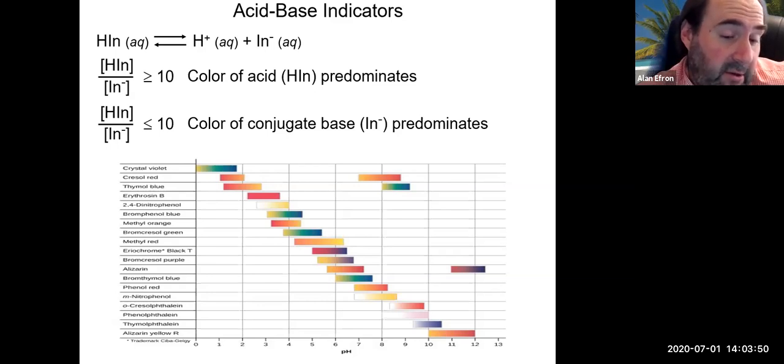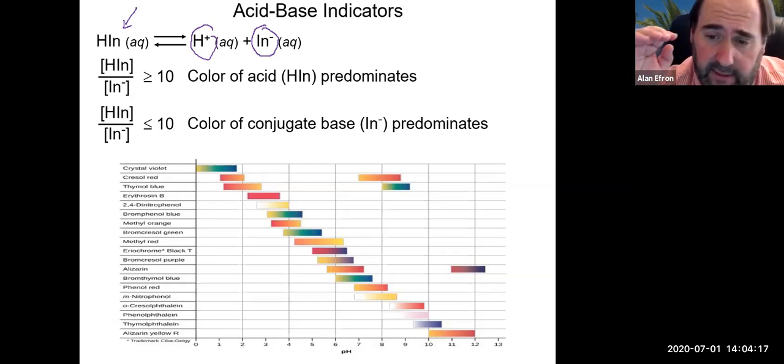So what are indicators? Indicators are essentially weak acids, and that's why you could see it written almost like a weak acid. The IN just stands for an indicator, and the H means that it's protonated. So it's got an extra H plus on it, kind of like an acid. And just like a weak acid, when it breaks apart, it will break apart into H plus and the deprotonated or unionized version, the IN minus, which again just stands for the indicator that has lost an H plus.